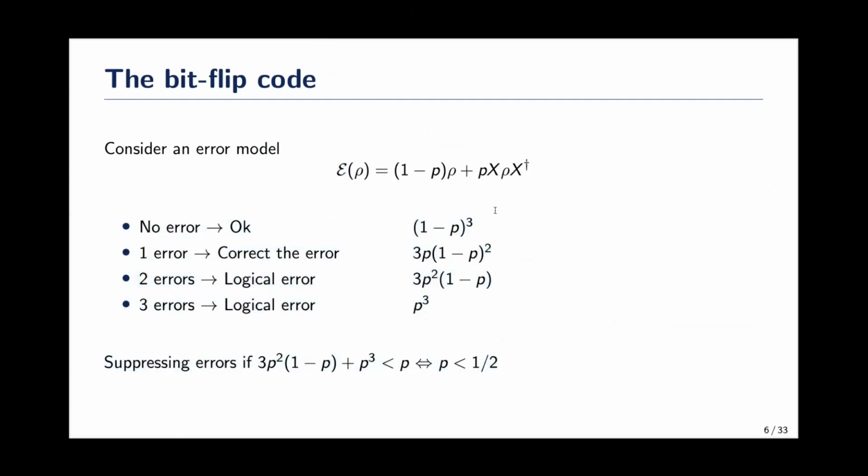For each qubit, a Pauli X error occurs with probability P, and there is no error with probability 1 minus P, and one error, two errors and three errors occur with these probabilities. We can only correct up to one error. So we can reduce the error rate using this code when P is less than half, 1/2.